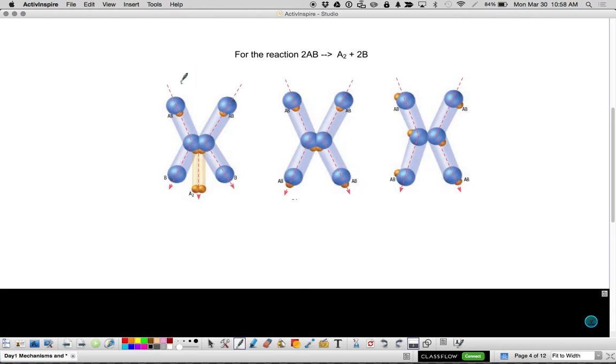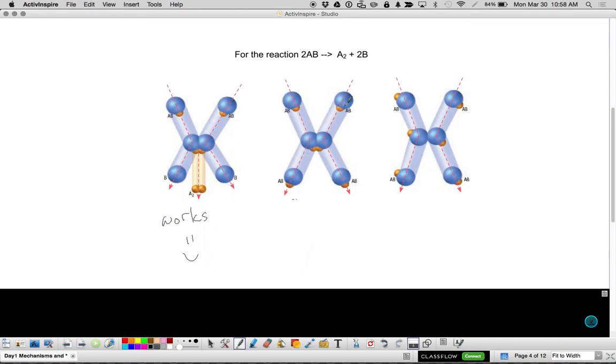I've got two AB molecules coming together. They collide, and during that collision there's a reaction, and you get a change. A chemical change, where you form A2 plus 2B atoms. Okay, simple enough. So this works. Yay.